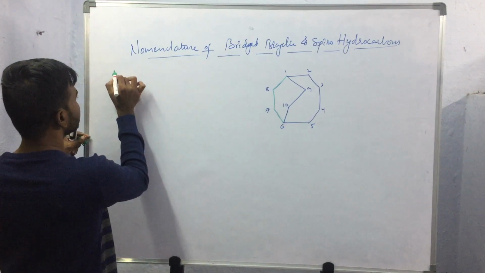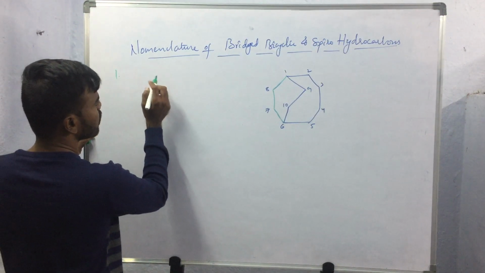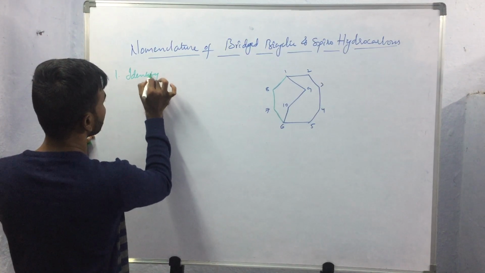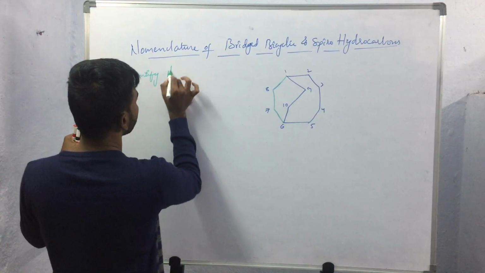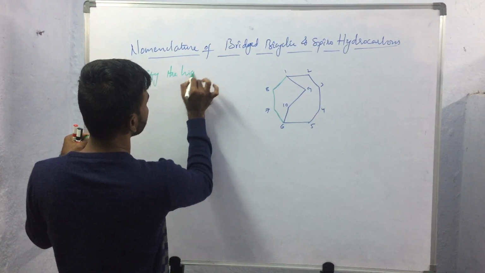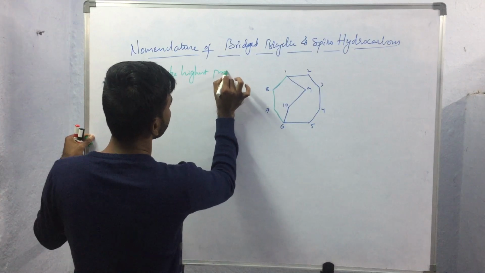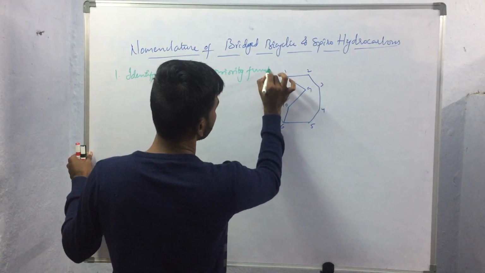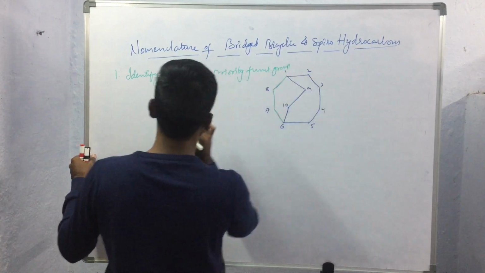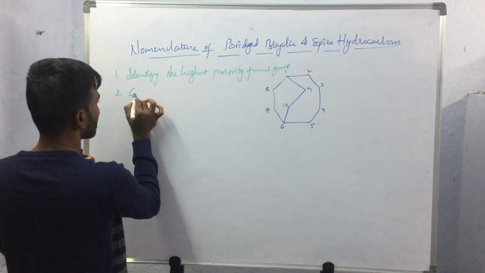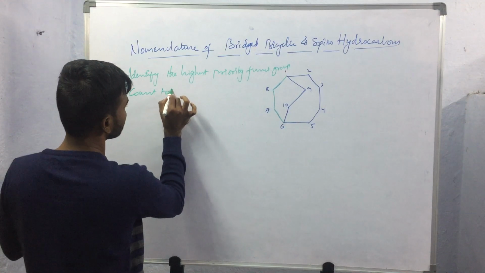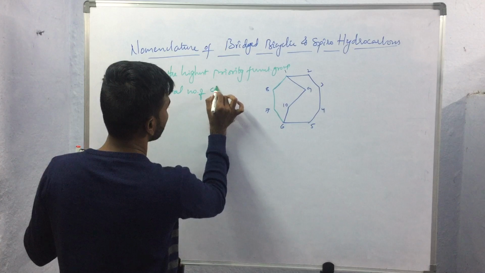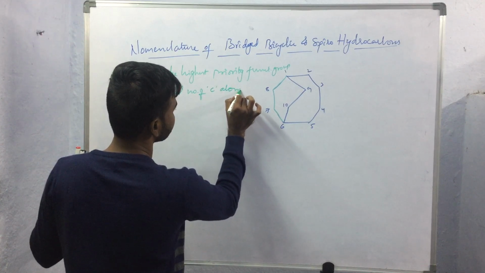So the first rule, we have to identify the highest priority functional group. Second rule, count total number of atoms.